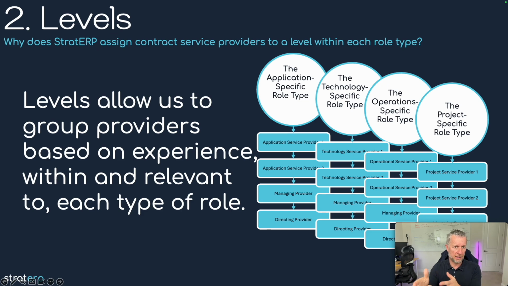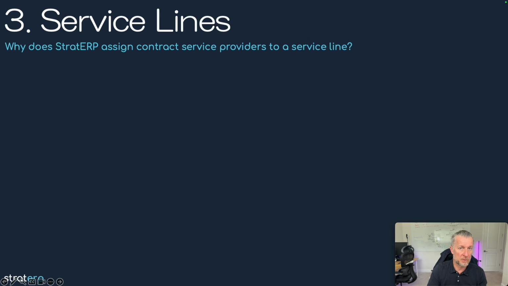But again, tech comp is different than a tester comp, and is different than a functional SME comp. So, we use that matrix, if you will, to arrive at the right compensation or identification of where each of the contract service providers are. So we'll still get to why.